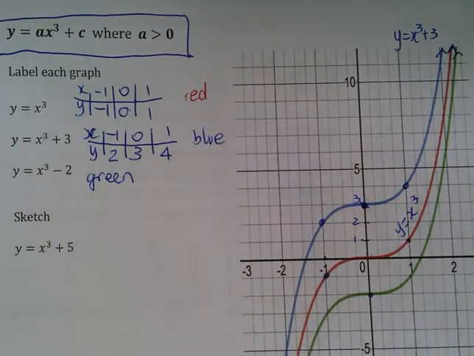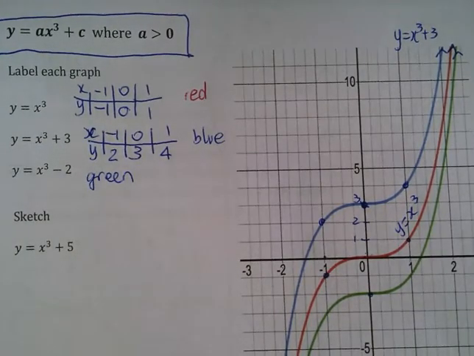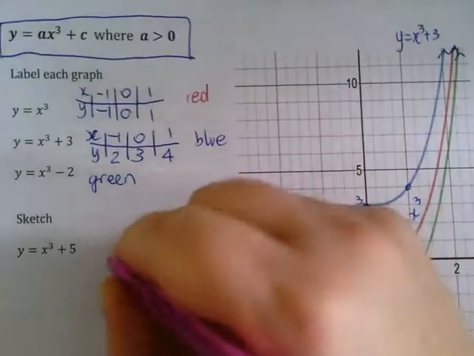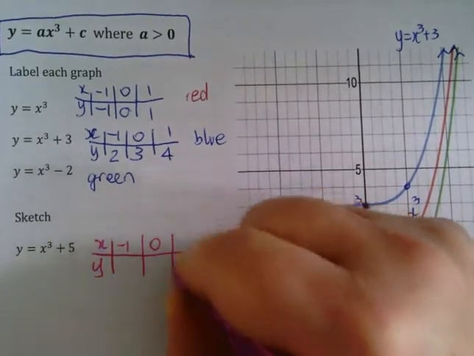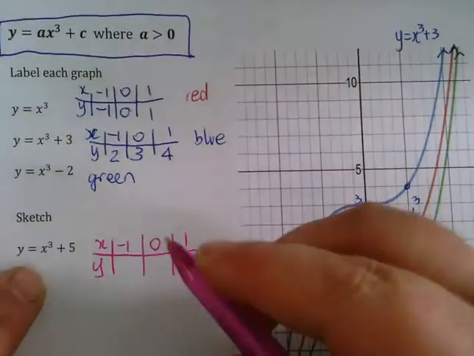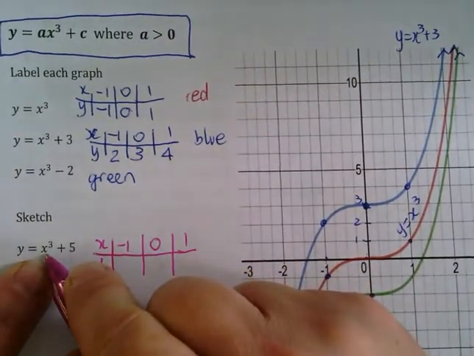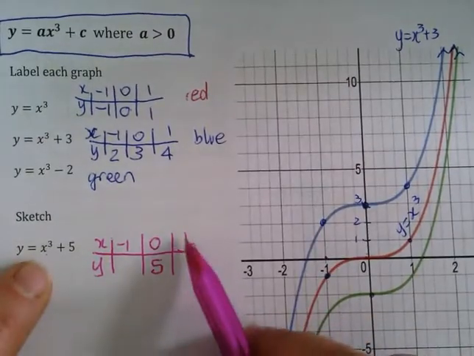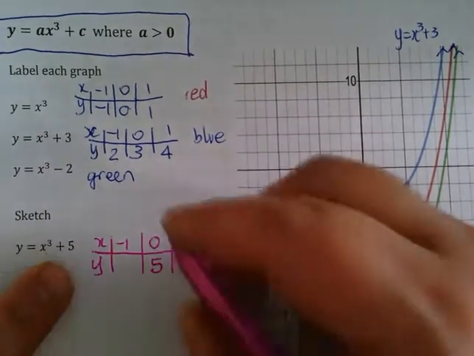Okay? Let's sketch y equals x cubed plus 5 together. Want a little table of values. I'm doing it in pink. I'm just going to do the values of negative 1, 0, and positive 1 for y equals x cubed plus 5. So let's start with 0. So when x is 0, 0 cubed is 0, plus 5 is 5. So it starts at 5. When x is 1, 1 cubed is 1, plus 5 is 6.